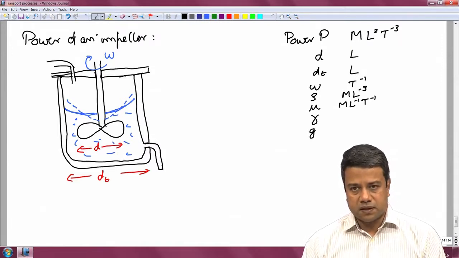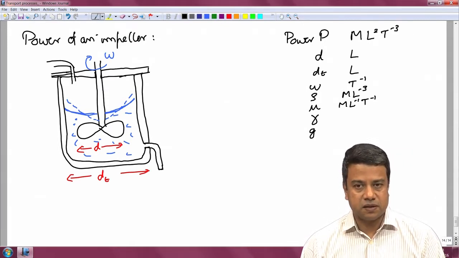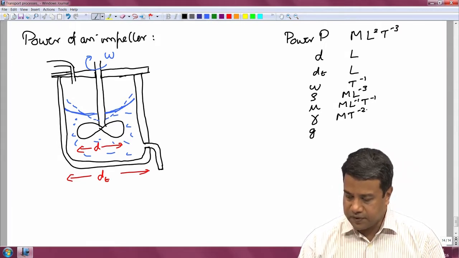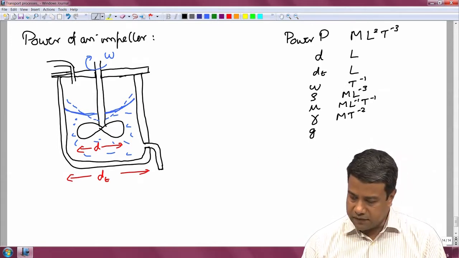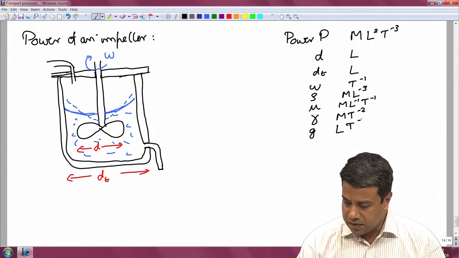The surface tension is, I am sorry, a force per unit length. Force is mass times acceleration, acceleration is L t to the minus 2. So, force by distance will give me just m t to the minus 2. And g is the gravitational acceleration. The gravitational acceleration is length times t to the minus 2.